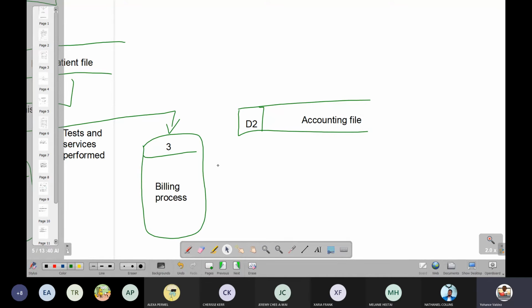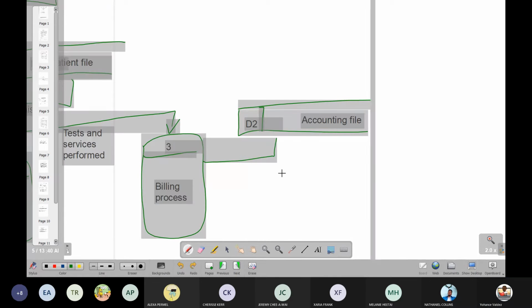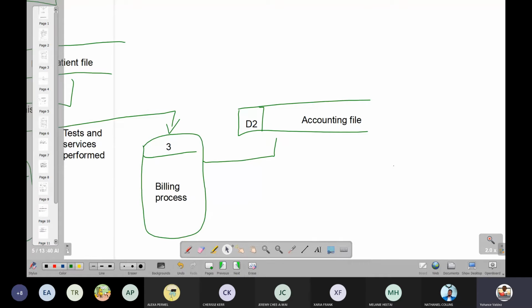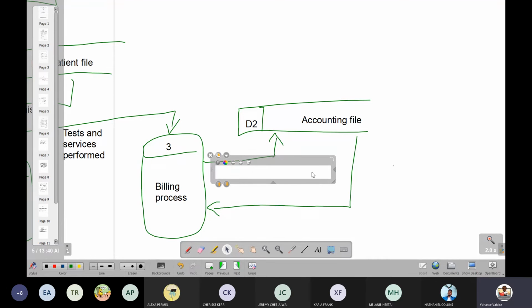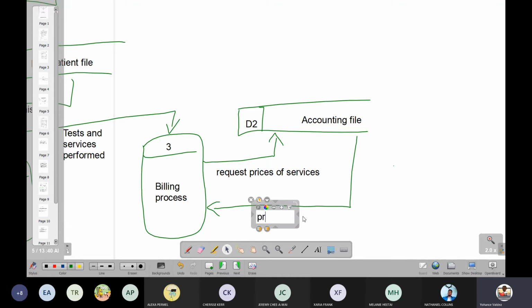In the accounting file, we do this. We request prices of services, right? We will send the prices of services.